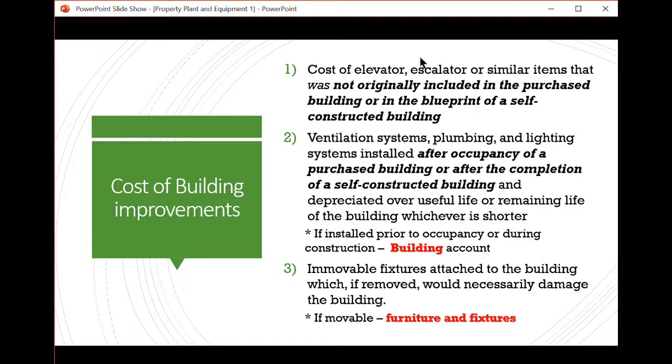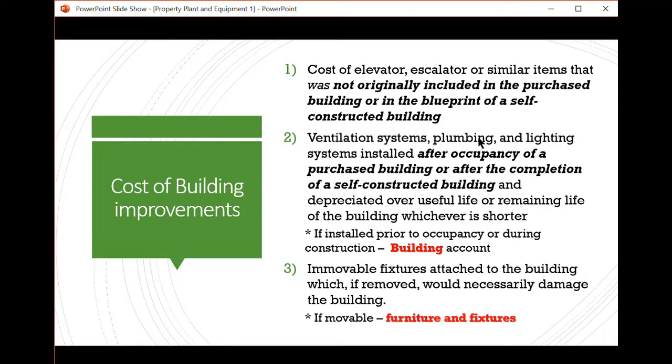So escalator, elevator, or other similar items. Next is ventilation systems, plumbing, lighting, installed after occupancy. So kung after na siya, so wala na siya apil sa building, di ba? That would be part of the building improvements.